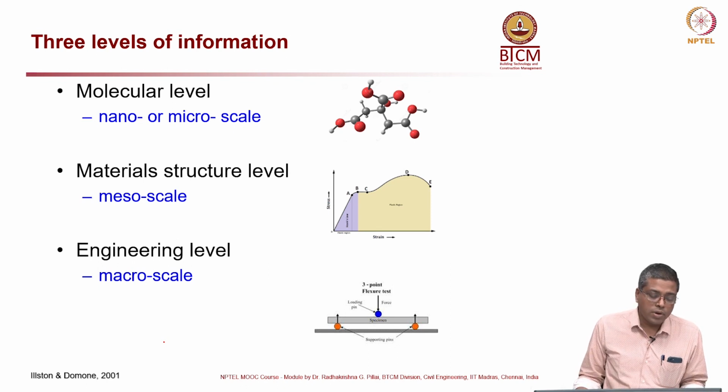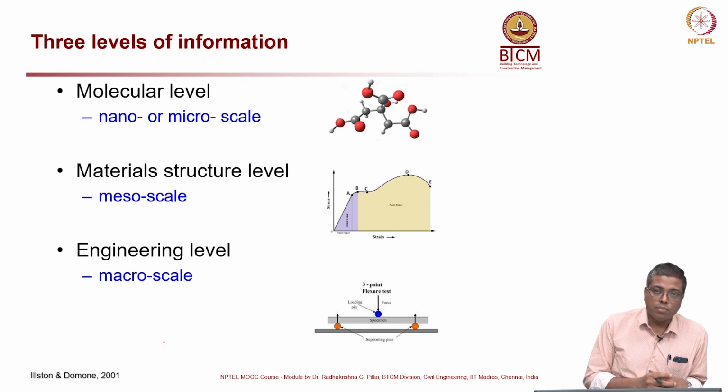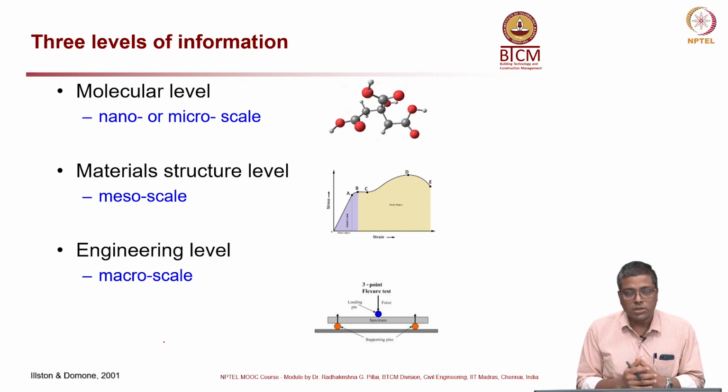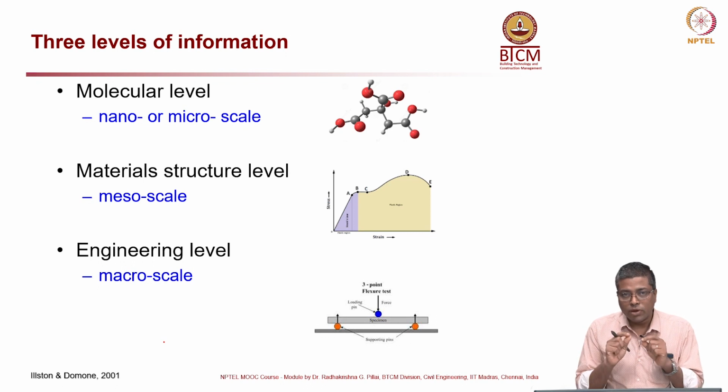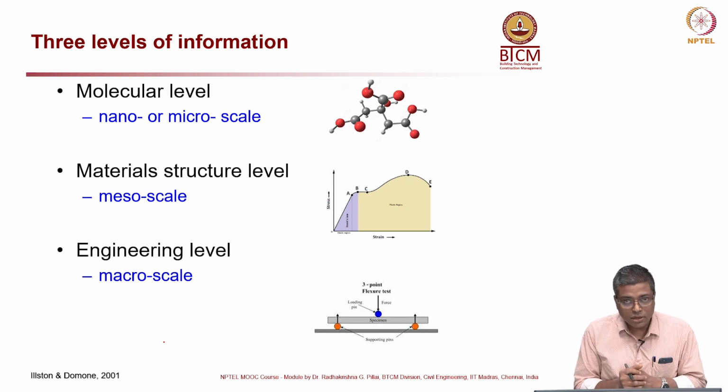And then the next one is materials structure level information, not the engineering structure, but the material structure level information, which we can say mesoscale, and then engineering level information, which is slightly larger, which we are going to call macro scale. So, you can see the pictures on the right side, the molecular level, and then when you talk about stress strain behavior of a particular material, that is the material structure level information, an example.